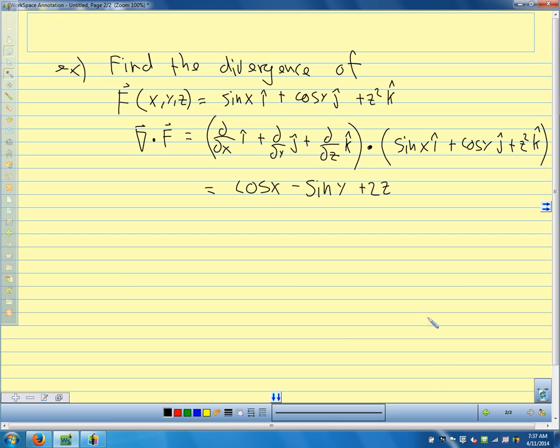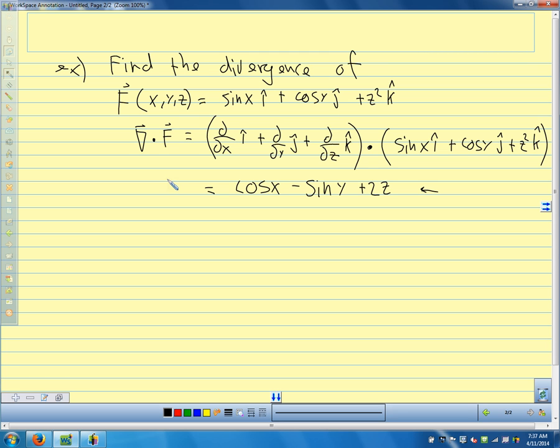And then if we need to calculate the divergence at a particular point, we just plug our point in there and calculate. Notice that we got a scalar. Our divergence is a dot product, so it's a scalar. So questions on calculating? Do we need to do another example of calculating the divergence? Everybody good with doing this dot product?